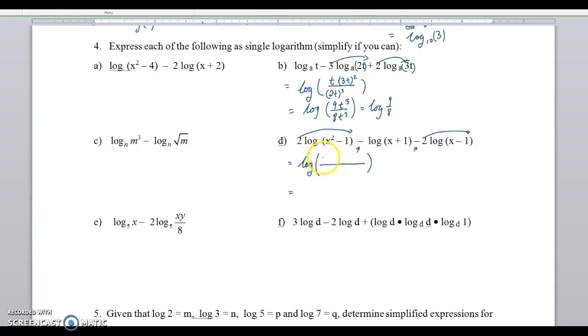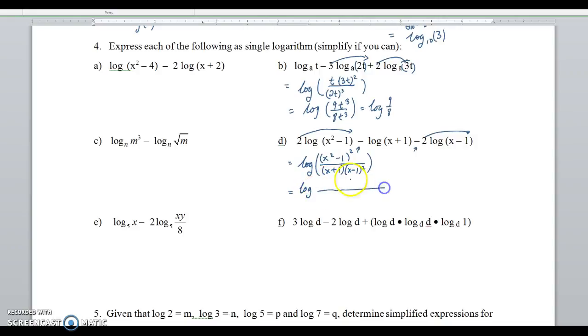The first term is going to be x squared minus 1, and that's all squared. On the bottom, it's going to be divided by x plus 1. And for the second part, it's going to be divided by x minus 1 squared. Now, you might recognize the difference of two squares here on the top, and there's still the exponent of 2. So I'm going to rewrite this so I can do some division of top and bottom.